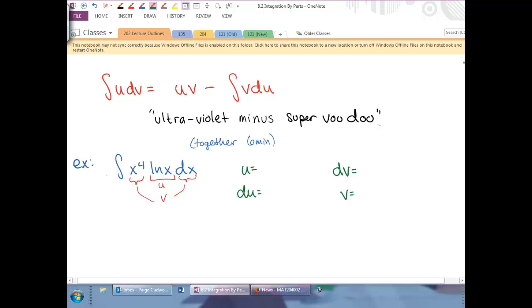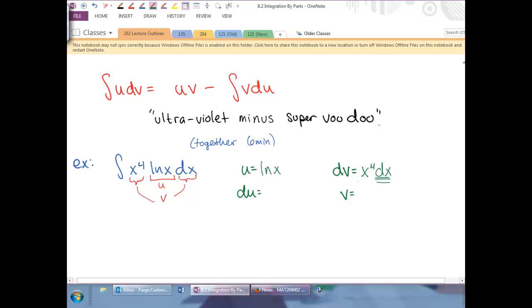So I'll go through this first one, and in this case I'm just saying that u is going to be the natural log of x, and dv will be the rest of the integral, which is an x to the fourth dx. Note that your dv always will include the dx because it's a differential. So the u is some part of the integral, then the dv is something involving the dx.